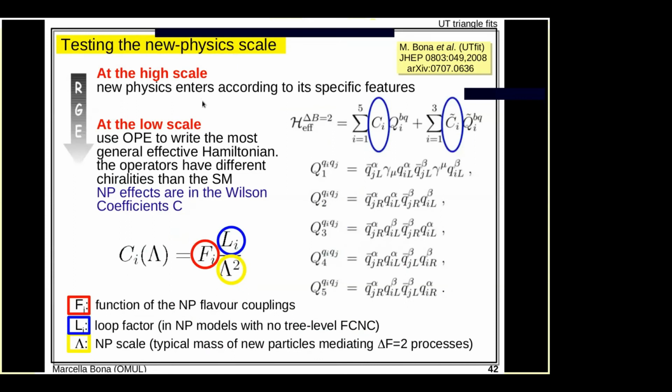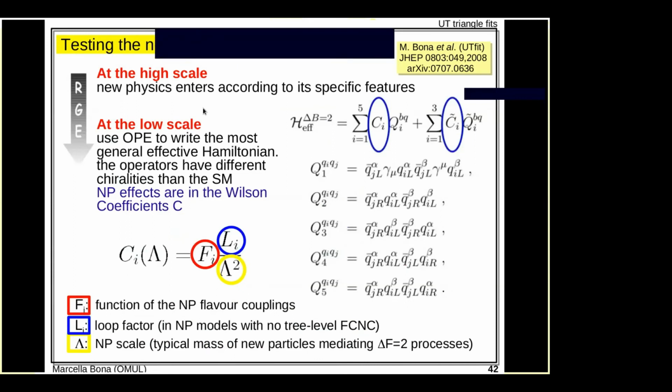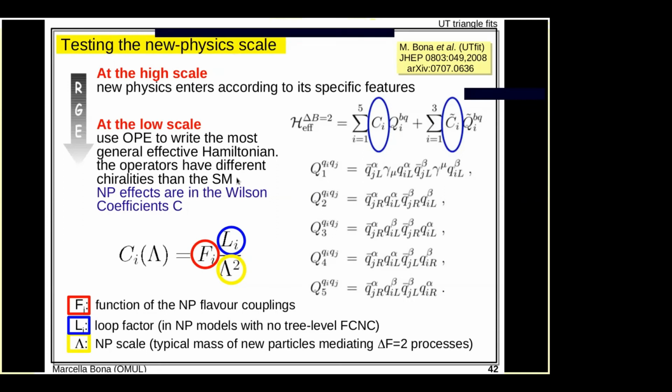Now, the last thing that we do is extracting a new physics scale. And so we write all the possible operators in the more generic effective Hamiltonian, even the ones that would not appear, with different chiralities with respect to the standard model. And then these are the operators here.